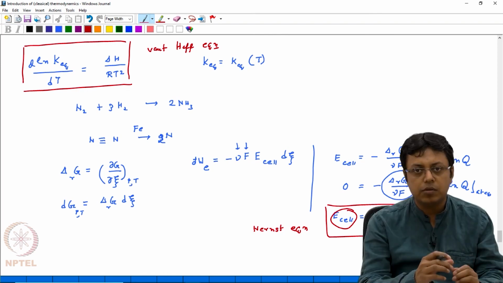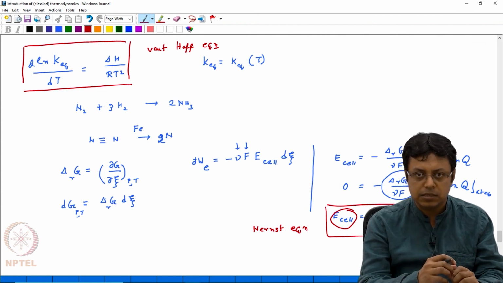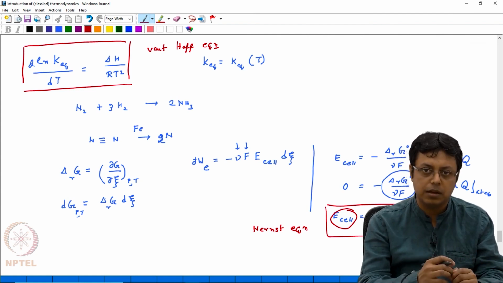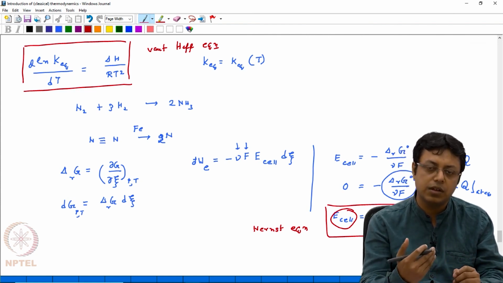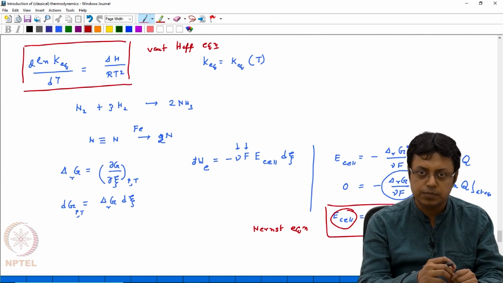So we will be talking about the overall macroscopic aspects of the system, but of course we will also give you some level of understanding of the microscopic picture also.